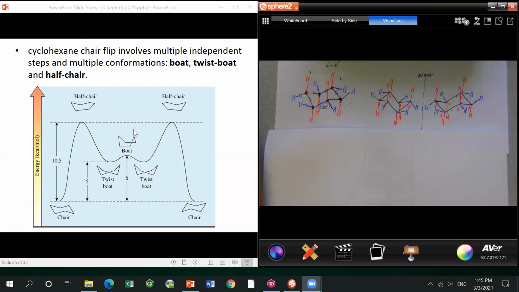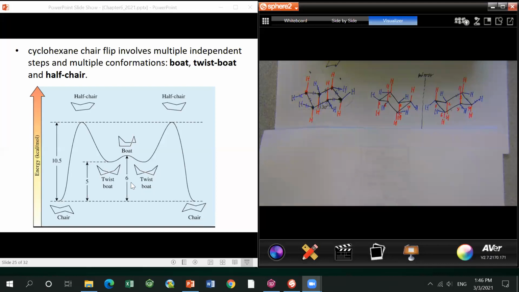Then you bypass the boat conformation, which is not as stable as the twist boat because the hydrogens are in an eclipsed structure. Then you go through another twist, eventually another half chair, and then the ring flips to the other chair conformation.